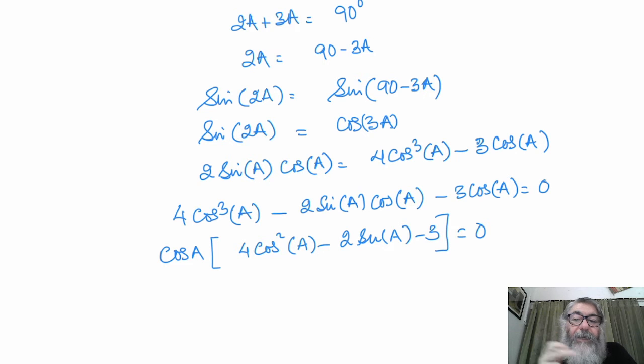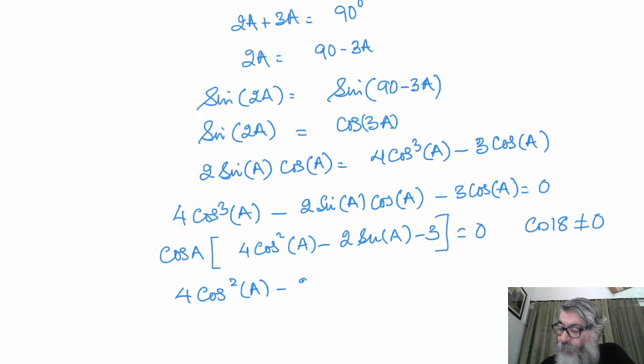Cos 18 is not equal to 0, that we know. So we can divide, and we get 4 cos square A minus 2 sin A minus 3 is equal to 0.